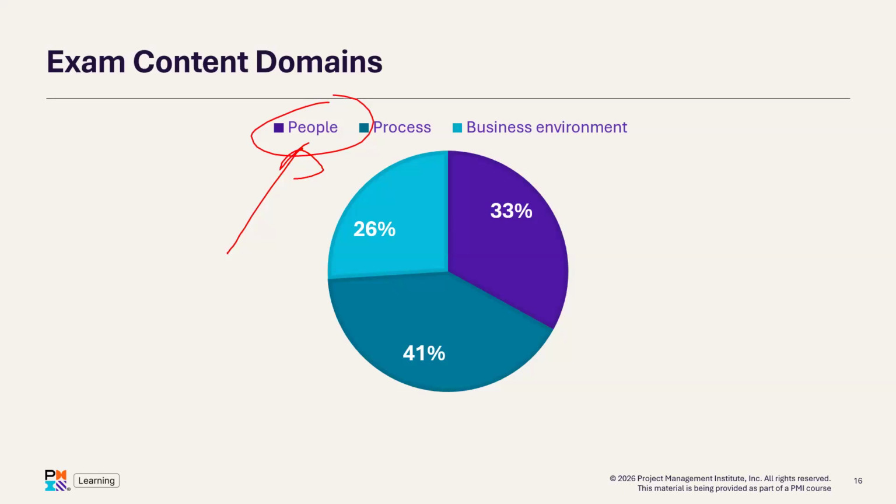So we have a people domain, a people aspect of project management. For every project, professionals will use or follow a series of processes, or what we call project management activities. That is what we call process. This is about the technical aspects of managing a project.